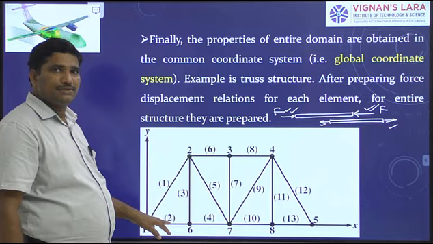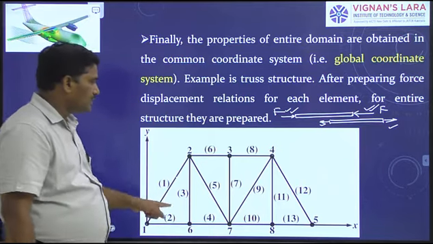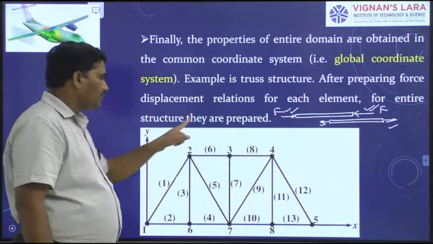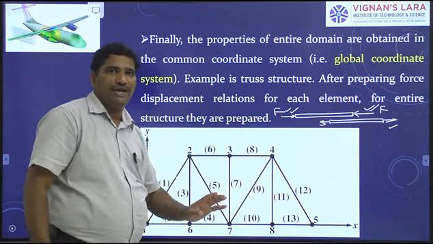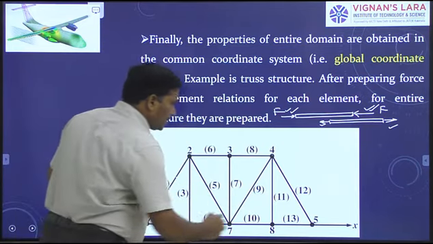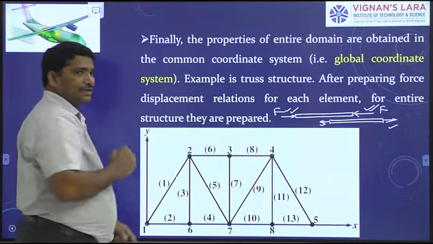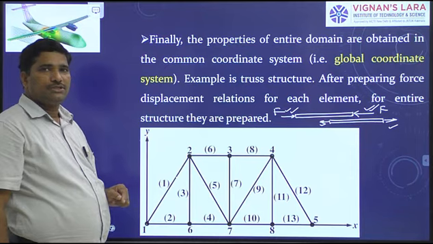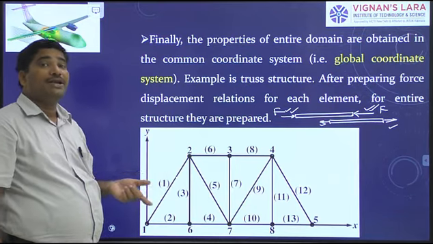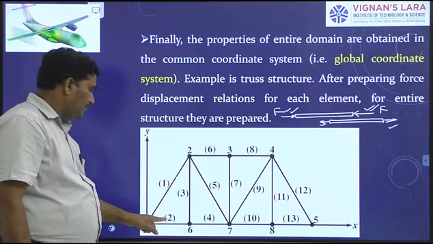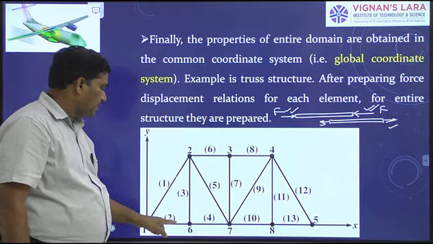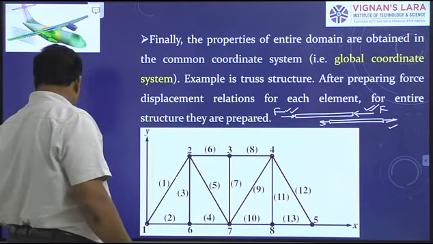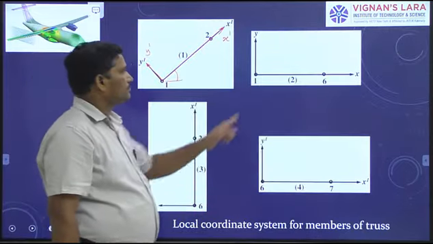Once again I repeat, because the domain of the entire structure is defined by the reference frame OXY, the same reference frame becomes the local reference frame to element 2, because element 2 is lying on the coordinate axis X.